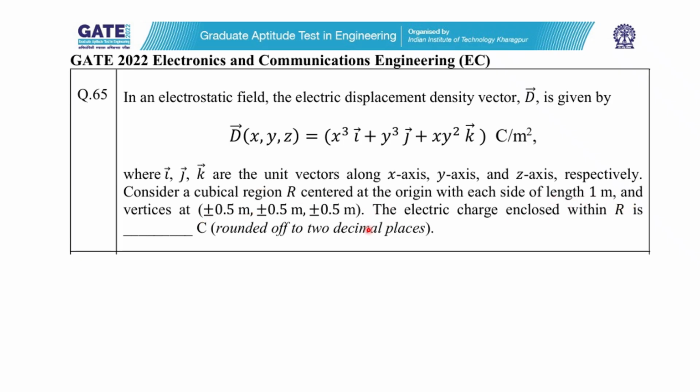Vertices are given like this, plus minus 0.5. Now you have to find out the electric charge enclosed within that R, right? So how can we find out? As per the answer key provided, your answer should lie in the range 0.48 to 0.52.